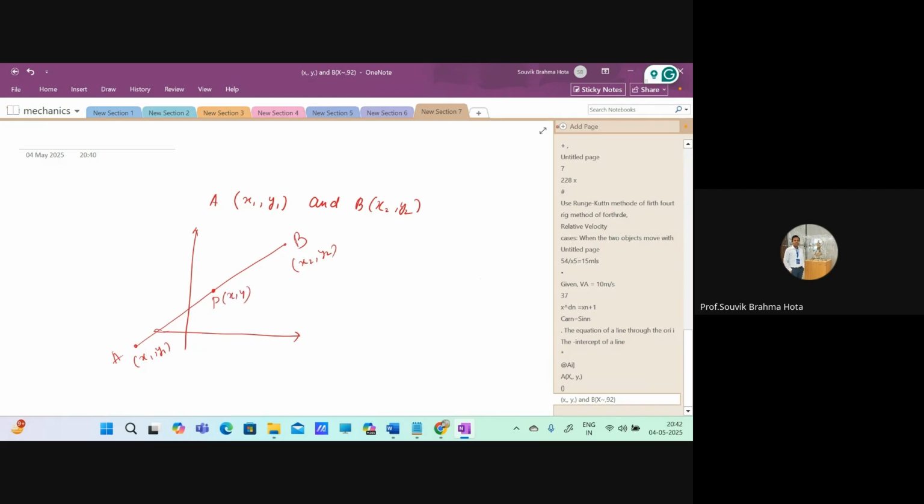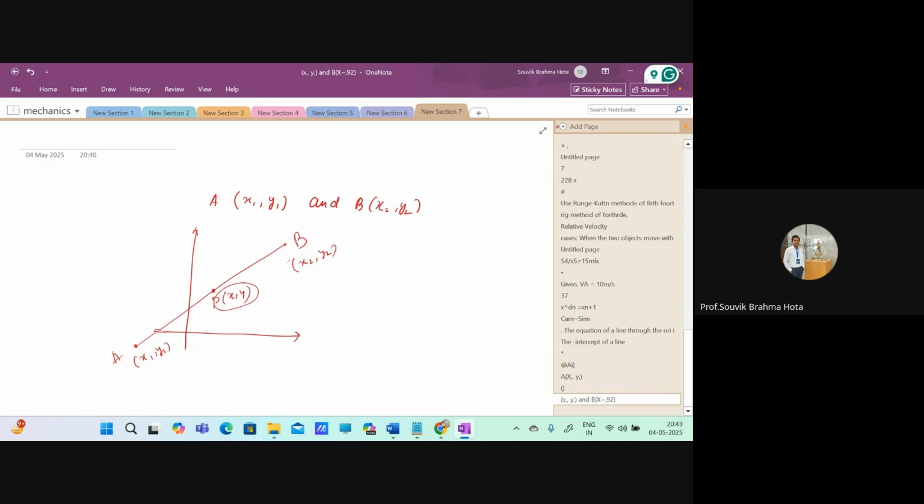Now if I want an equation for this line, the gradient first has to be calculated. But it is not calculated directly, because you are getting 3 points now, as it is a general point.